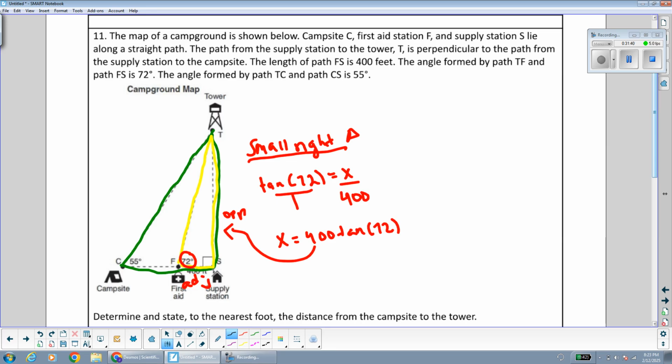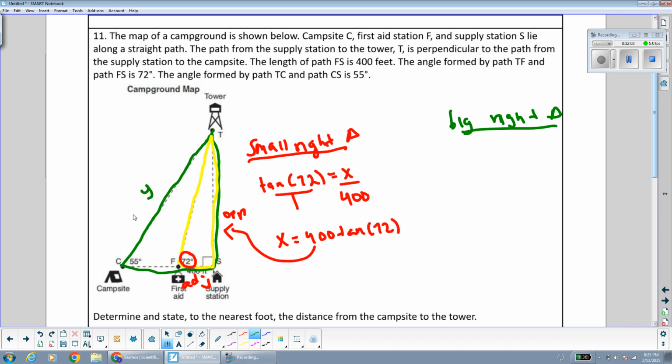Now I want to use that in order to find what I'm actually looking for, the hypotenuse of the big green right triangle. So I'll keep green. I'm going to call what we're looking for y, because I already used x over here.